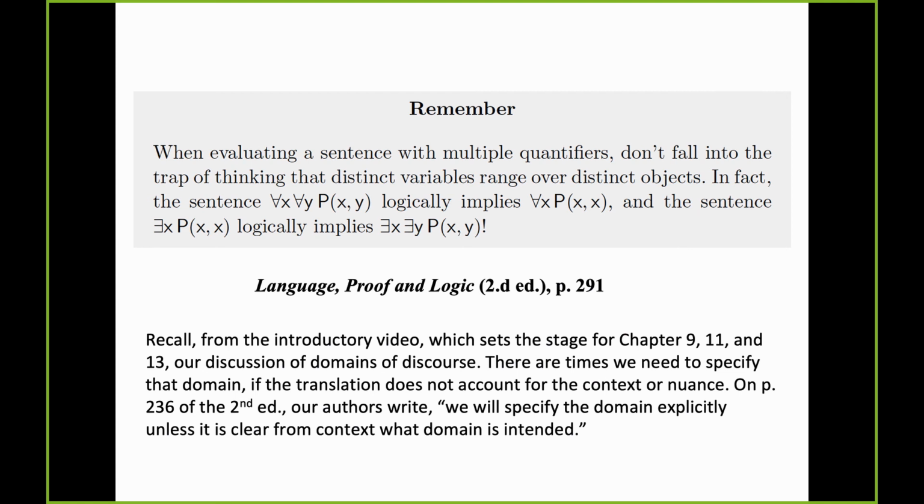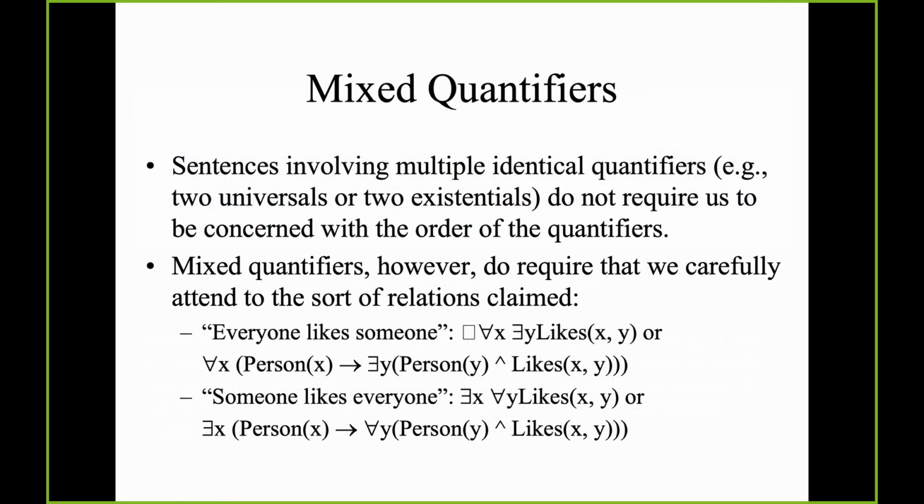Okay, so we are going to be explicit about identifying that domain of discourse. It's a little bit easier to do that when we're dealing with mixed quantifiers in some sense. It's also sometimes easier to understand the way to read a sentence back out after it's already translated, if we haven't seen the original English sentence, when we're dealing with mixed quantifiers.